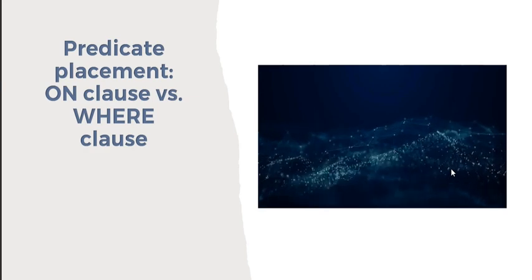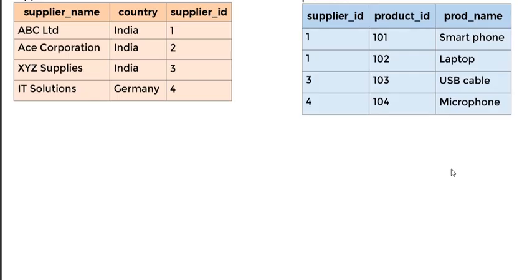Okay, let's go through some examples. Here we have two tables: on the left a table of suppliers, and on the right a table of products. The products table lists the various products supplied by the suppliers. In the suppliers table, notice that we have an attribute called country for where the supplier is located. We have a few suppliers from India, and a supplier from Germany called IT Solutions.